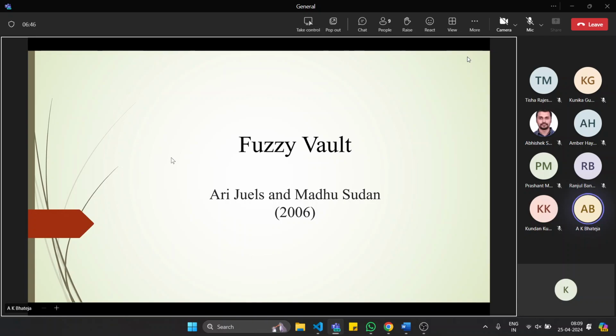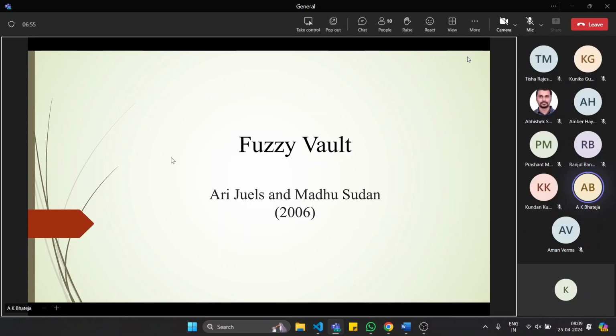So this is a cryptographic primitive whereby a user commits to a secret value, say S, under a key X. The user may decommit using any key X dash that is close to X under some suitable metric.